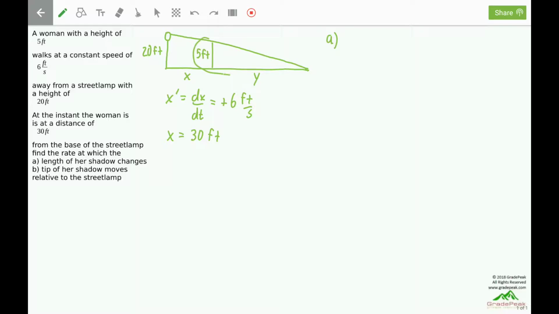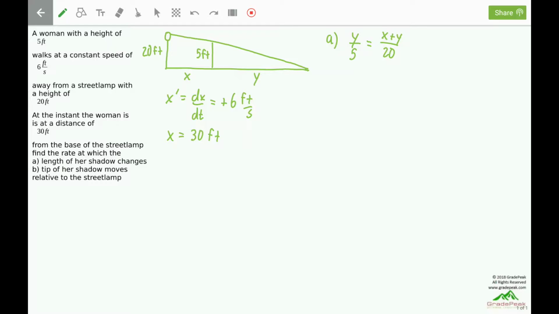We have the smaller triangle, whose angles are exactly the same as the bigger triangle. That makes them similar, and that makes their sides in proportion to each other. So if we take the smaller triangle, base side Y over vertical side 5, it will equal the bigger triangle base side, that's that total, so that'll be X plus Y, over its vertical side, which is 20.